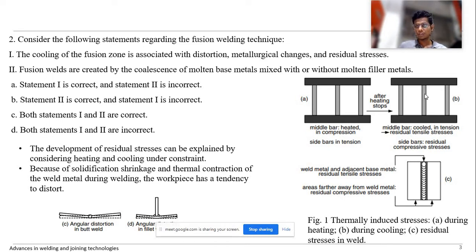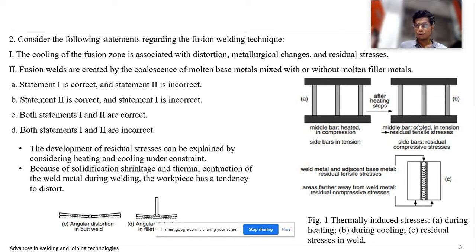It tries to contract because its temperature is decreasing, but the side bars won't allow it. So opposite forces will be generated. That's why tensile stresses will be generated in the middle component, and in the side components there will be compressive stresses. I hope I made it clear.